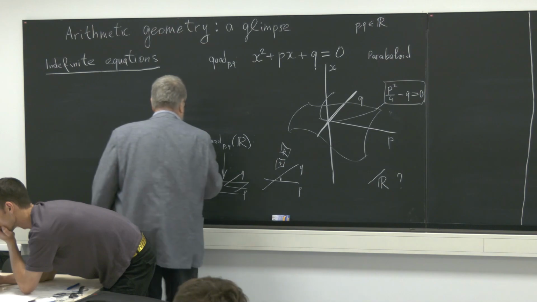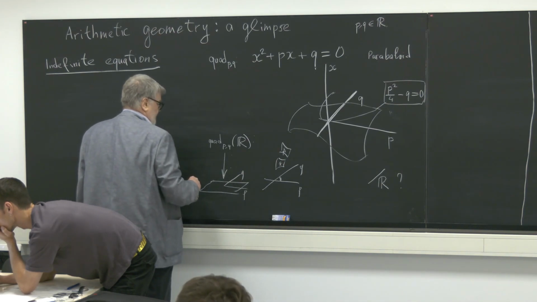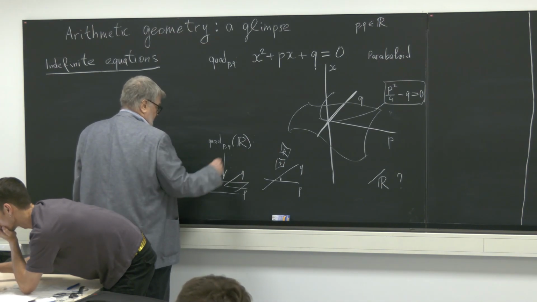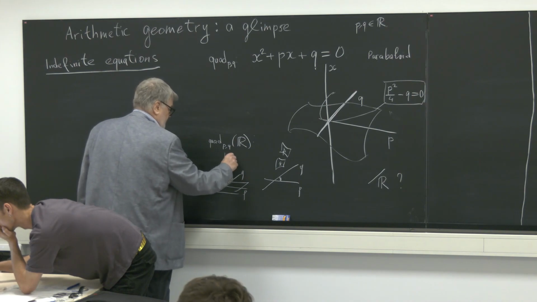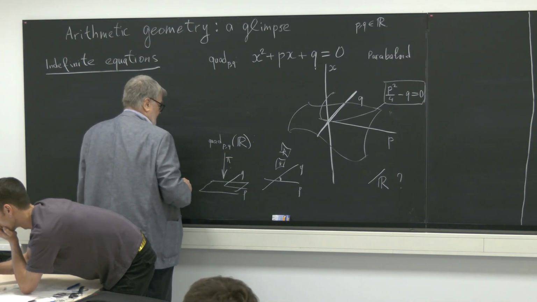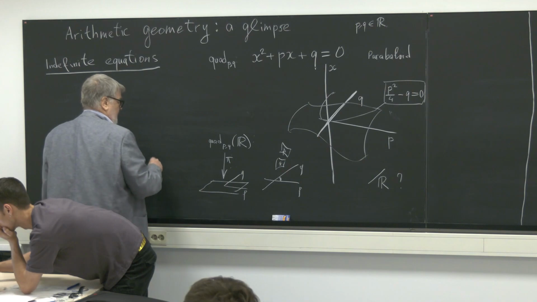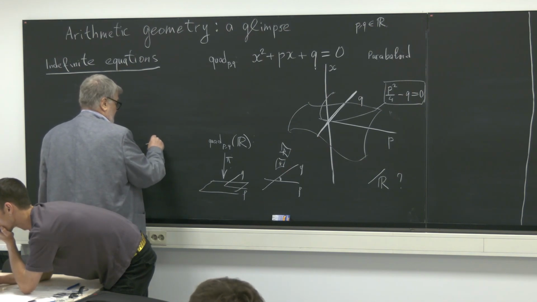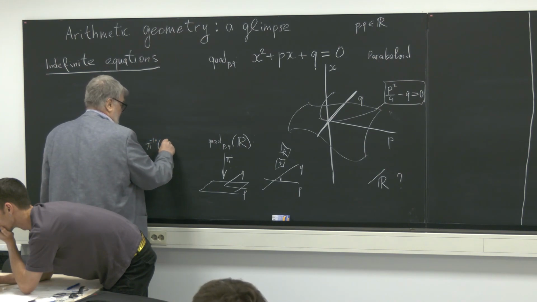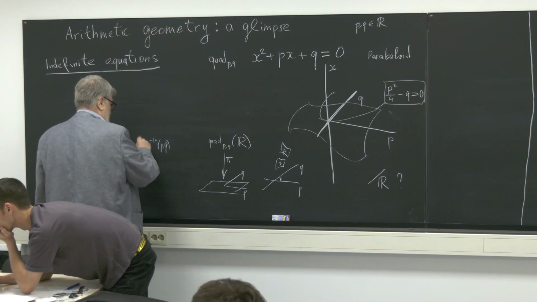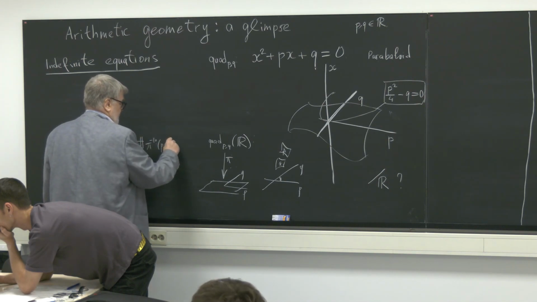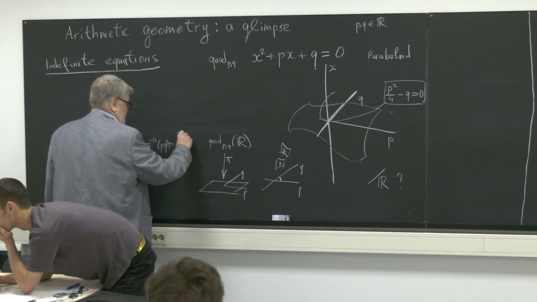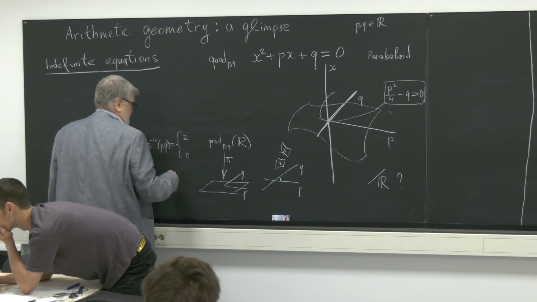And we say that it is, well, perhaps I denote it like pi, and what we know is that the inverse image of the point PQ, or rather its cardinality, is 2 or 0.